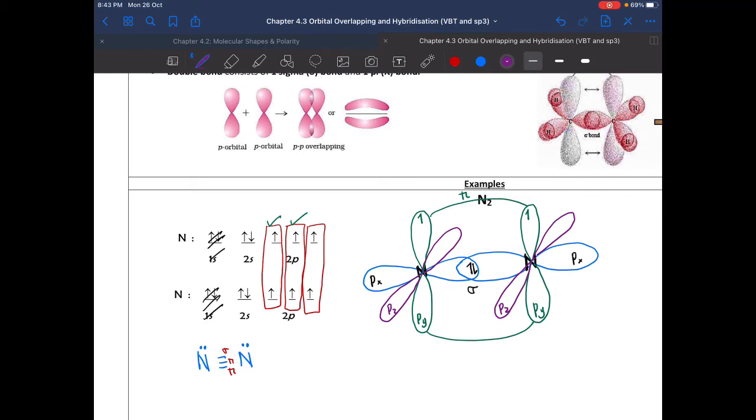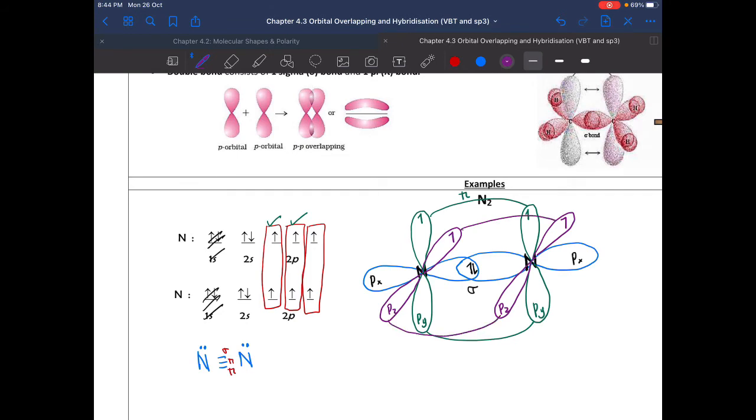And here there is also 1 electron. How do we know there is 1 electron? From the electronic configuration, from this orbital diagram. And then this electron will also overlap side to side. That means it will form another pi bond.